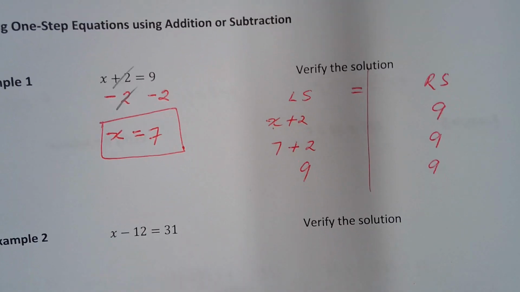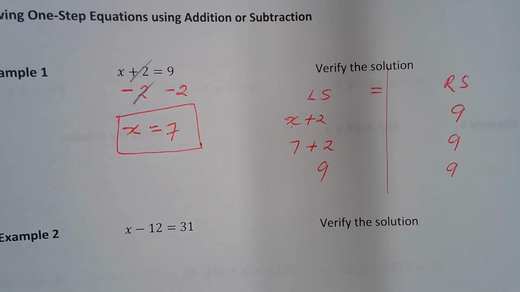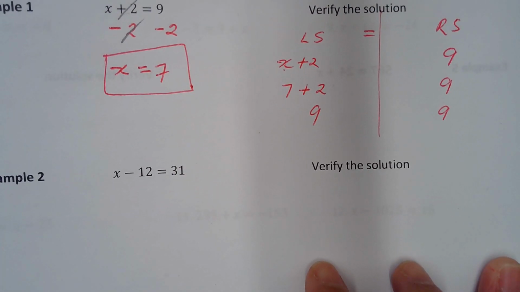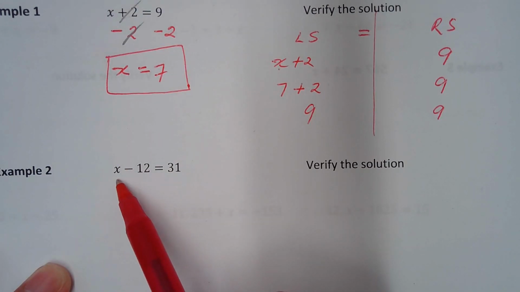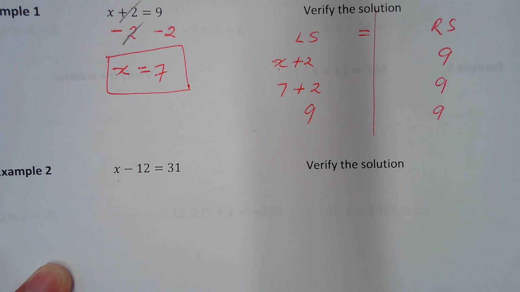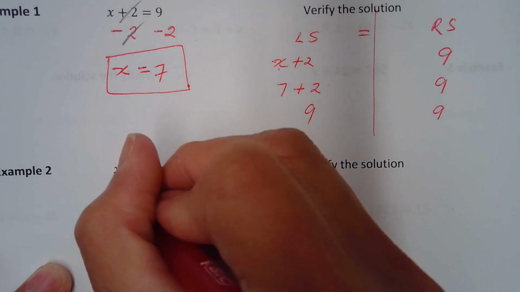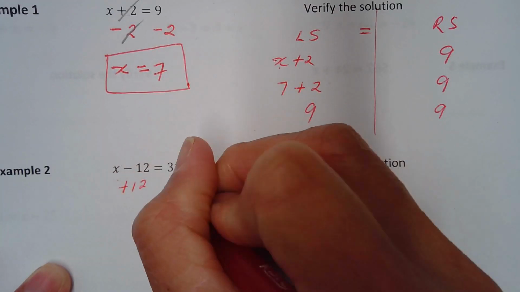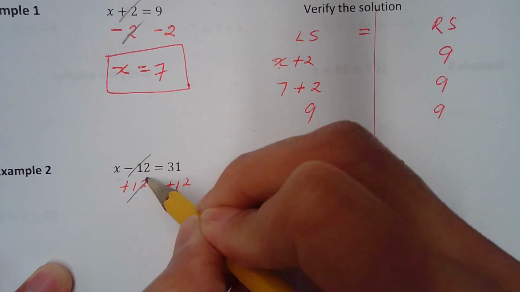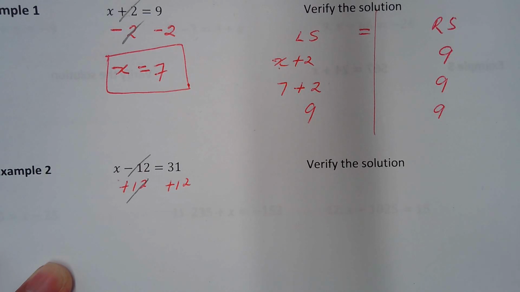Okay, let's take a look at example number 2. We're trying to figure out what the value for x is. What do you see? I see subtracting 12. So what's the opposite of subtracting 12? Adding 12. So adding 12 on both sides, that cancels out.